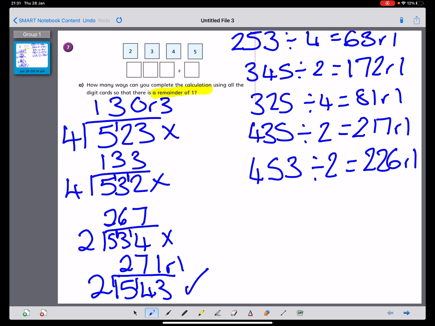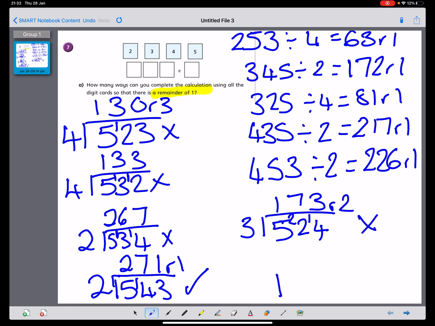Last two now, we've got 524. We're dividing by 3. 3s into 5 goes 1 with 2 remaining. 3s into 22 go 7 with 1 remaining. 3s into 14 go 3 with 2 remaining.